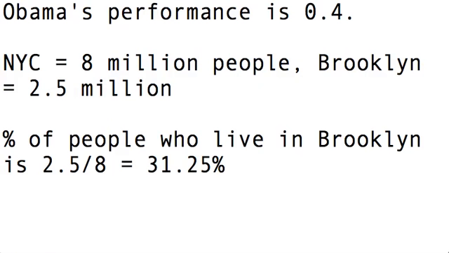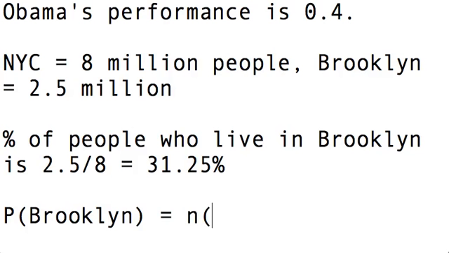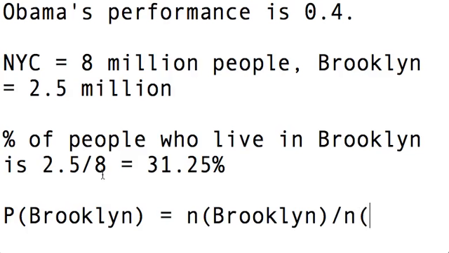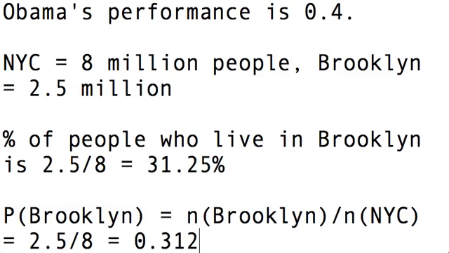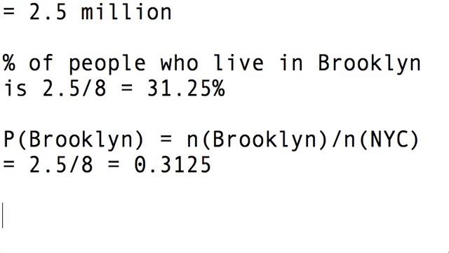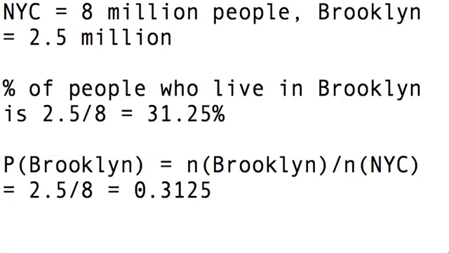But I can think of this again as a probability. The probability that you live in Brooklyn is the number of people who live in Brooklyn divided by the number of people who live in New York City as a total, which again is 2.5 million divided by 8 million, which is 0.3125. So with probabilities, I can use the theory of probabilities to talk about percentages.